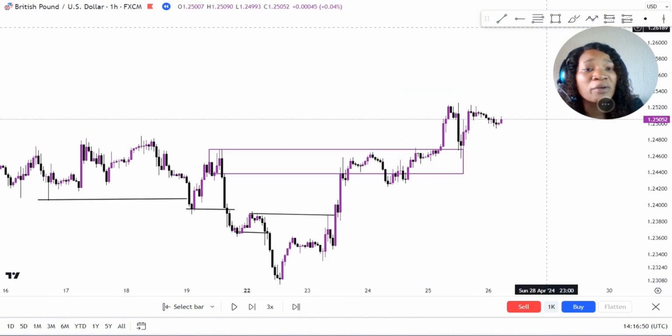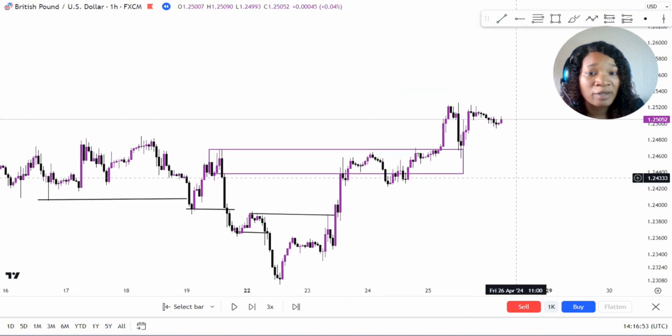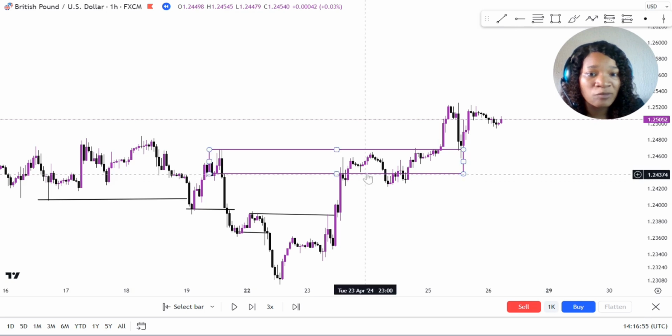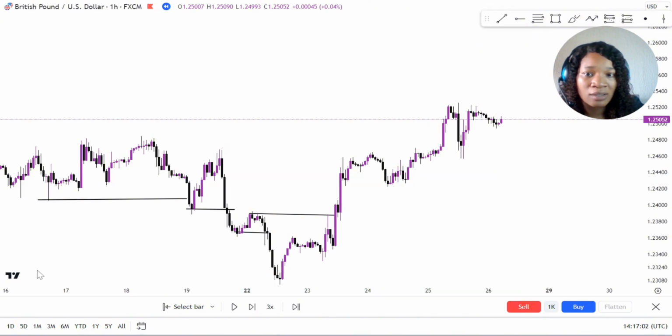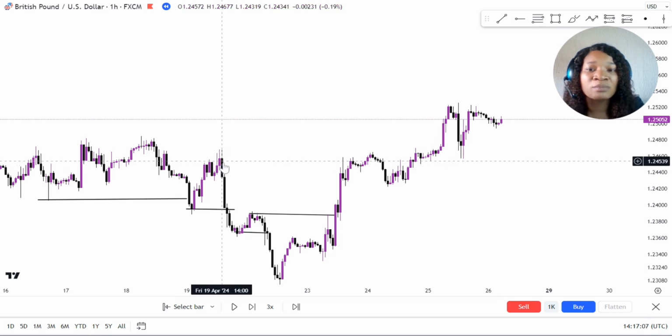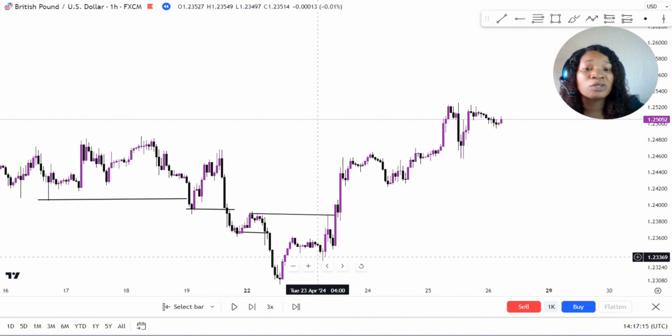But some traders who are a bit conservative would actually wait for price to come and break this major swing high, this major lower high here. As soon as price breaks this lower high here, they're already looking for a buy opportunity.